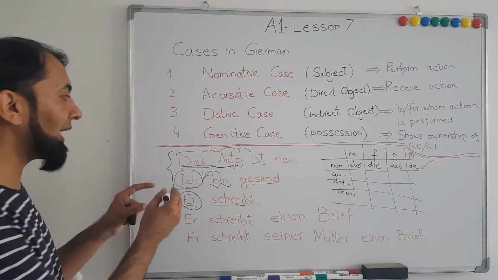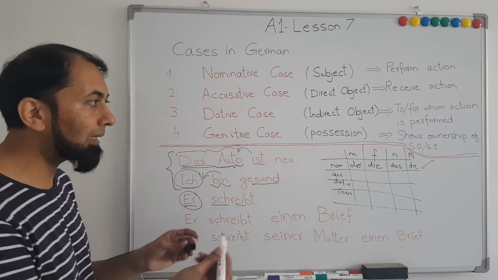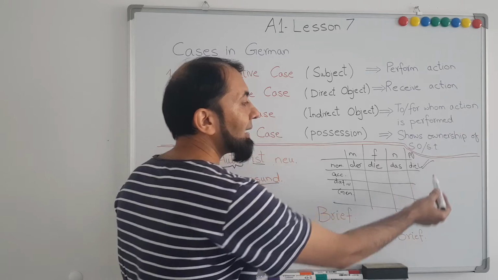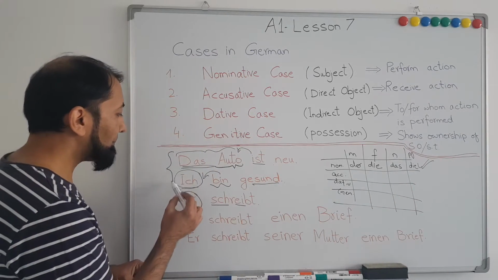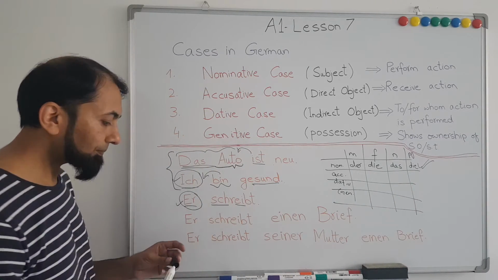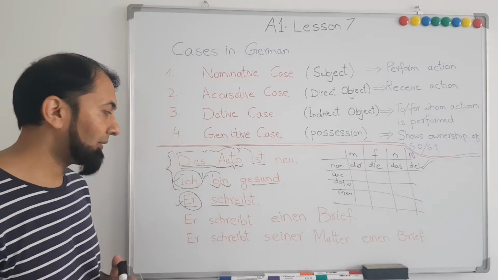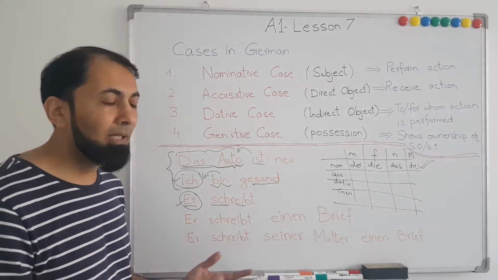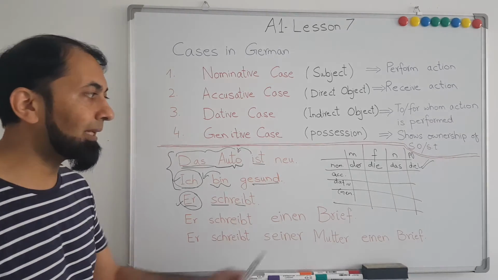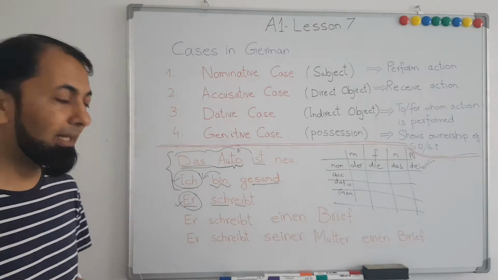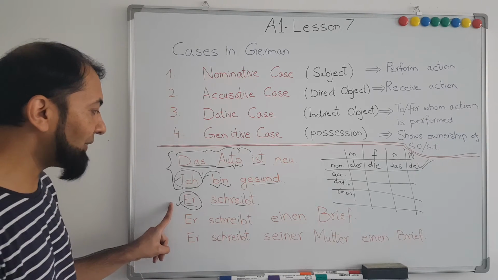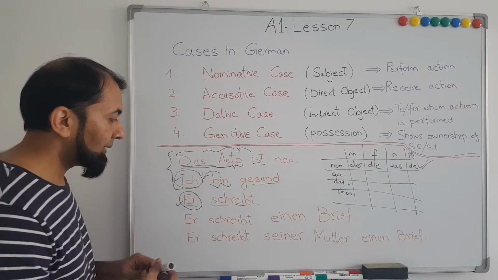So these we have already learned. So in case of nominative, we have learned the articles and the personal pronouns. In the next videos we will learn the adjective endings etc., and then we will start with accusative, dative and genitive. So in this sentence we have only nominative.